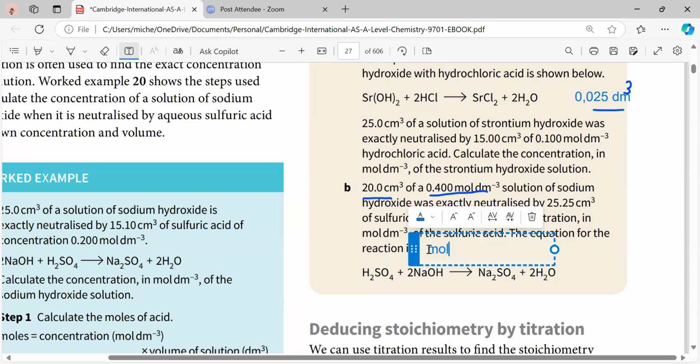The moles of sodium hydroxide, NaOH, would be 0.02 volume, times the concentration, which is 0.400.